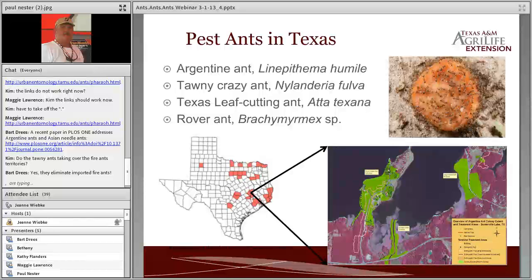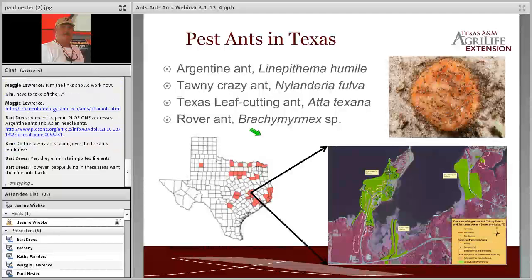And then we're starting to see another new little ant, the rover ant, a small Brachymyrmex species in the area. But we're going to focus this last part of the discussion on the Argentine ant and the tawny crazy ant, or Nylanderia fulva and Linepithema humile.